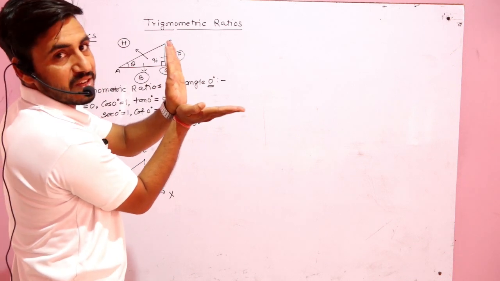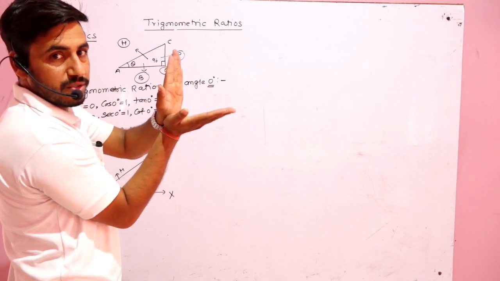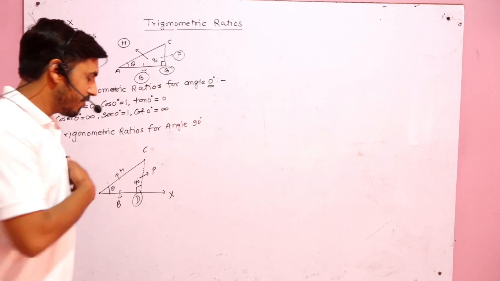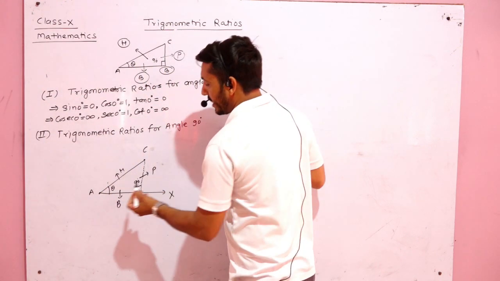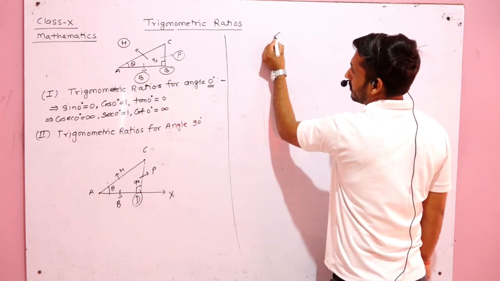In this condition we can see the hypotenuse, this one, somewhere theta will be obtained, and if I keep moving continuously, then the next figure is shown here.